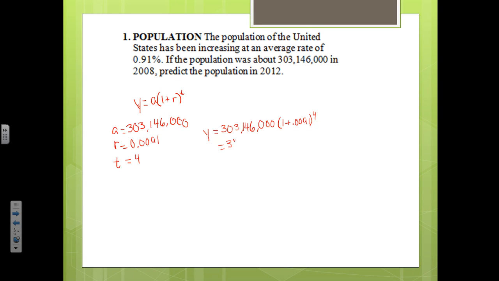And then we'll simplify. Well, 1 plus 0.0091 is 1.0091, and we'll raise that to the fourth power, and that would be 1.0368.